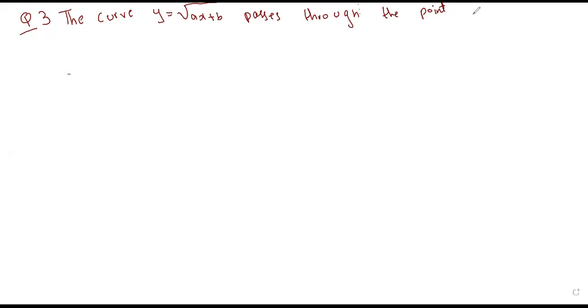The question says, question number 3, the curve y equals under the root ax plus b passes through the point 12, 4 and has gradient 1 by 4 at this point.